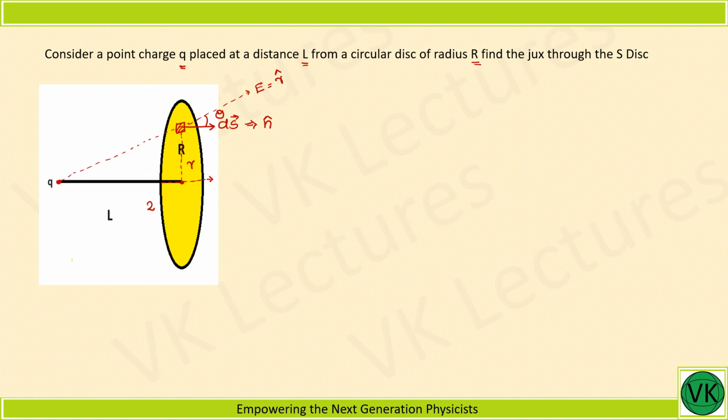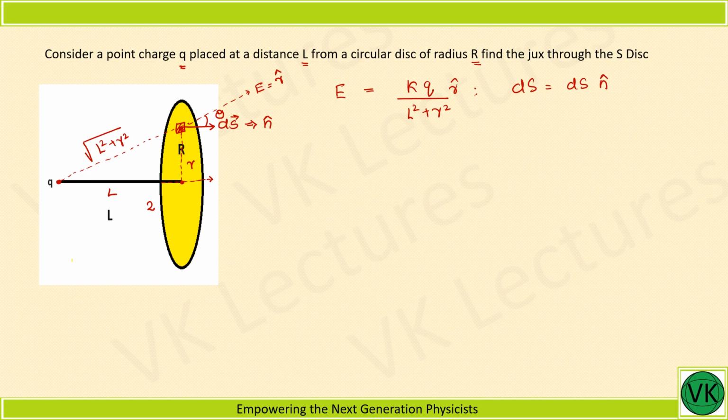Now the electric field at this point: this is L, this is small letter r, so the distance will be equal to root of L square plus r square. So the electric field is kq divided by L square plus r square in the direction of r cap, and ds will be equal to ds n cap.